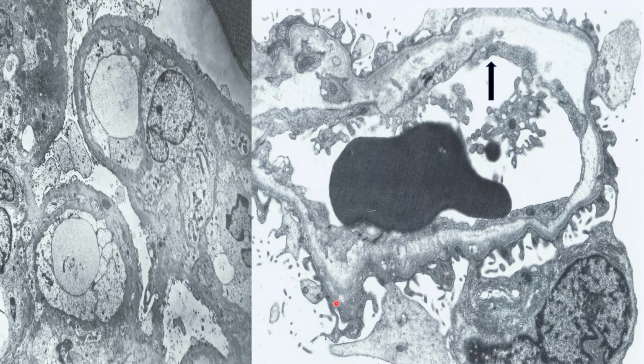Identical changes are seen in patients of thrombotic microangiopathy. Along with that, sometimes you can also see that the capillary loop has got completely obliterated with a very tiny lumen by this markedly swollen endothelial cell.